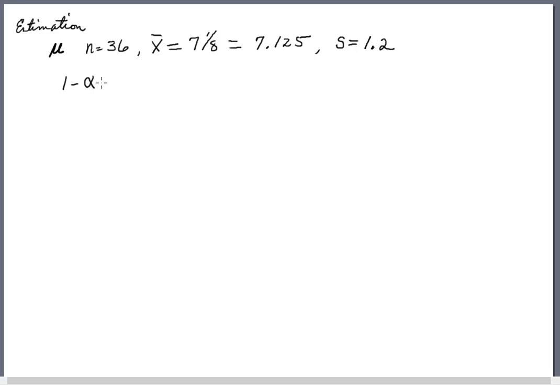Let's just suppose that the confidence we want to have in this estimate of mu is 95% confidence. So 1 minus alpha then would be 0.95, which means that alpha would be 0.05, and alpha by 2 would be 0.025.